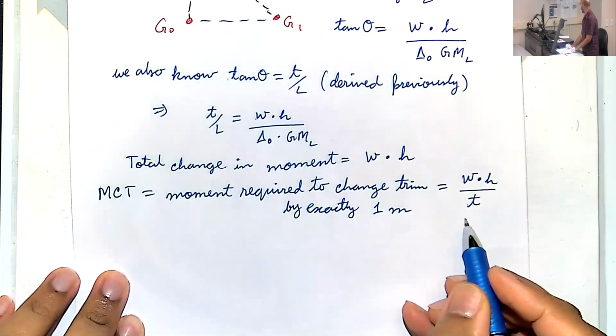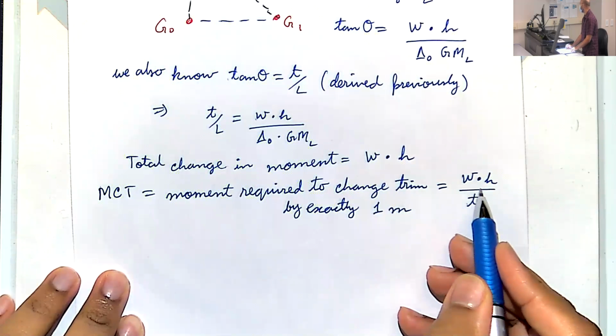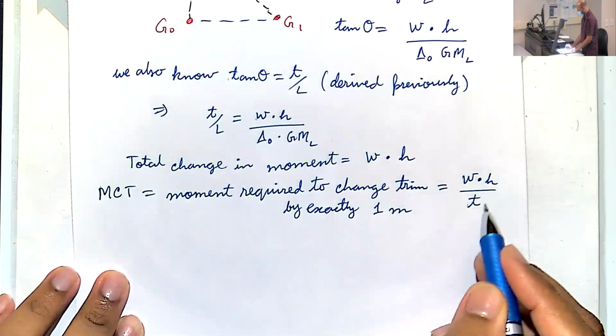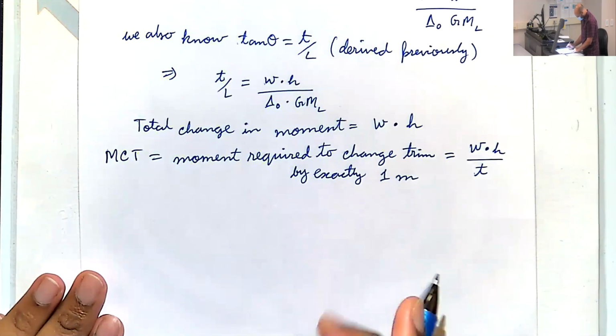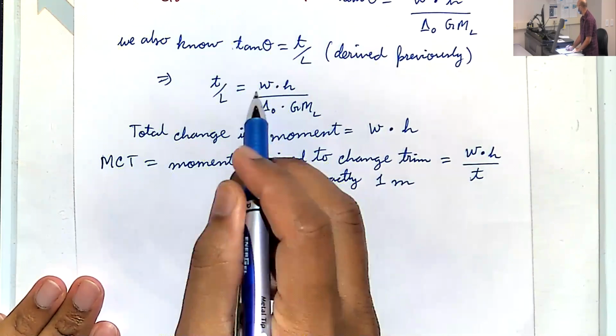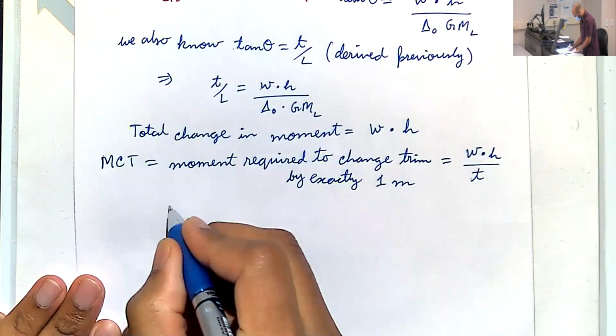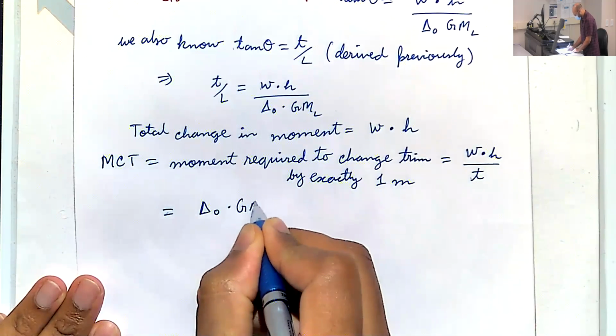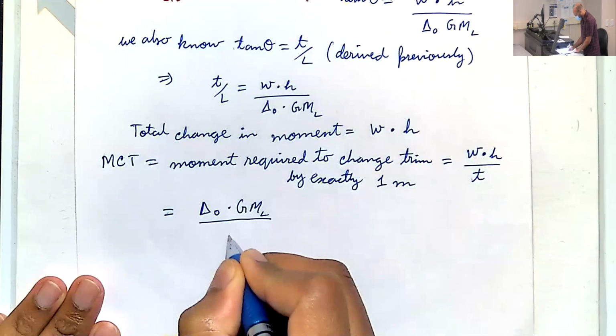For t meters we require W times h, so for 1 meter we would require W times h over little t, which we can get from here. This comes out to be delta 0 times GML over little l.